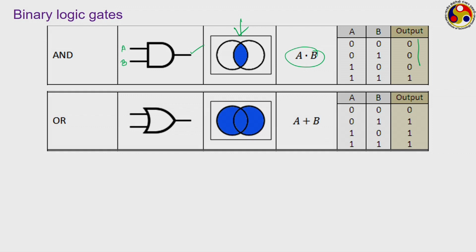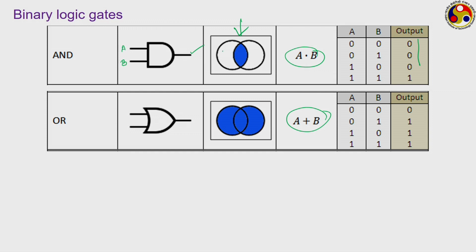The other version of this one is OR. OR is written as A plus B. I am going back to the Venn diagram for AND, you can see this blue portion signifies the output. You are going to get output only in the zone which is common to both input signals.